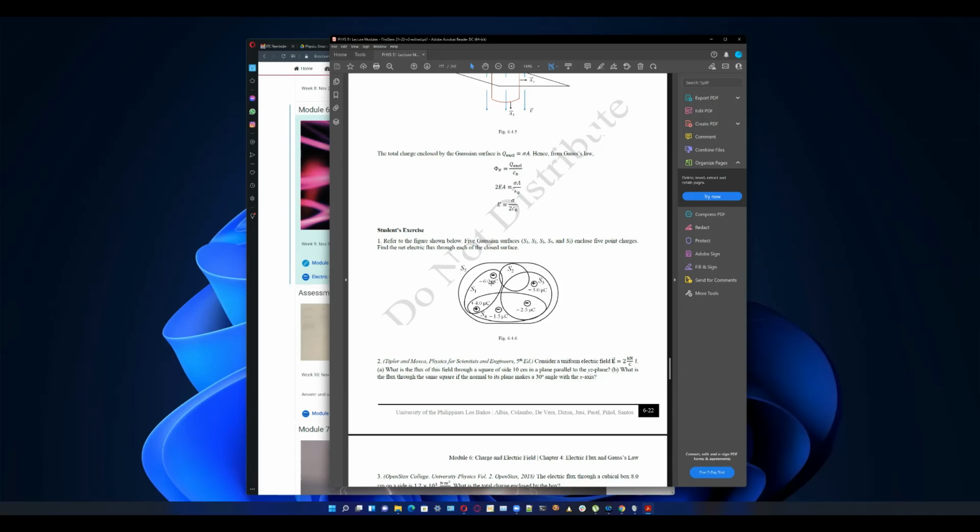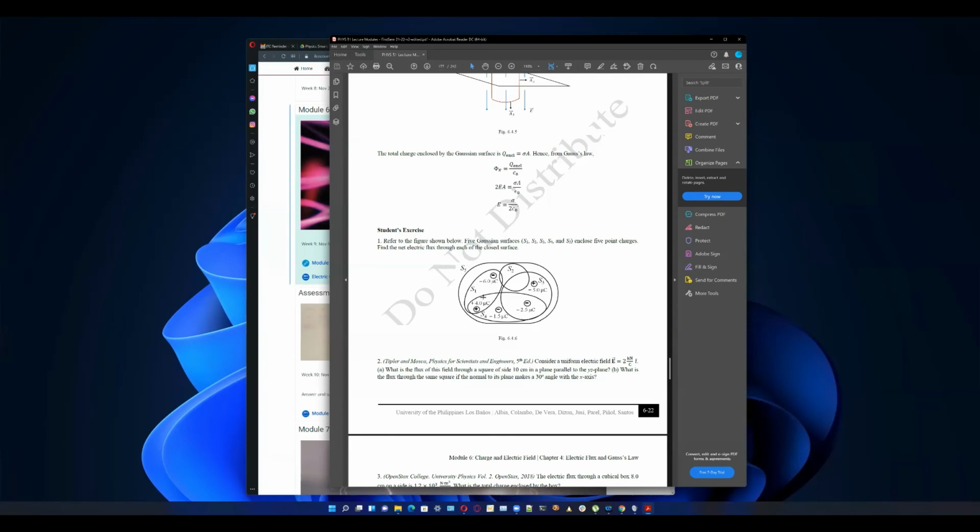So, kukumpitin mo lang, yung Q mo dito is minus 2, di ba? Kasi may 6 ka dito, may 4 ka, so minus 2 microcoulomb. So, yun ang Q mo over epsilon sub 0, no? Kasi you will get the flux. Kasi alam mo yung flux is equal to Q over epsilon sub 0. So, makukompute mo na yan.